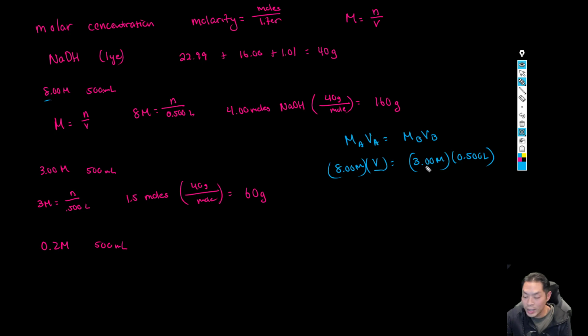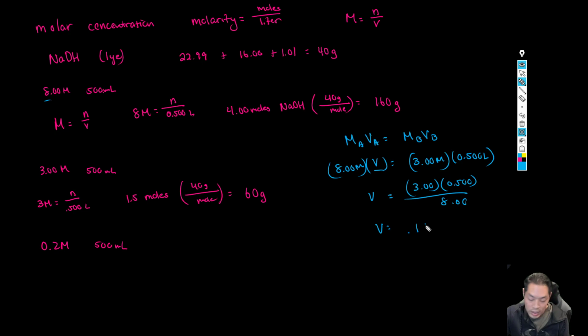That's our math right there. We just need to solve for V, move the 8 to the other side. So the volume I need from that one will be 3.00 times 0.500 divided by 8.00.